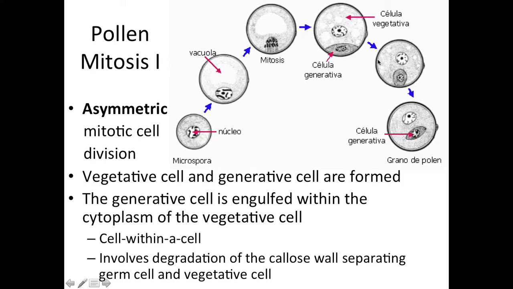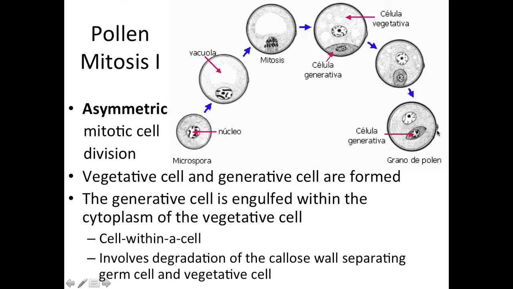Sorry. The large cell is the vegetative cell, and the little cell is the generative cell. Okay? The little cell is what's going to split to become the sperm, and the large cell is what's going to germinate to become the pollen tube.